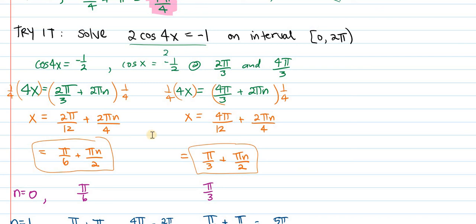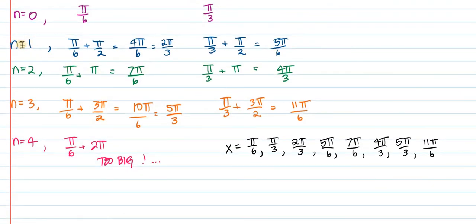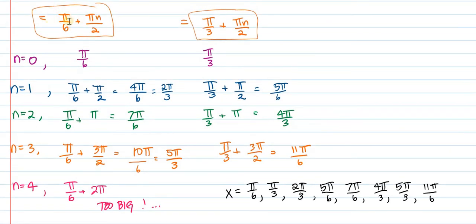Now we'll take values of n and substitute them in until we exceed our domain, because we want all of the answers on the interval from 0 to 2 pi. So you can see here I started with n equals 0, and I plugged it into my general formula, so we just get pi over 6 and pi over 3.